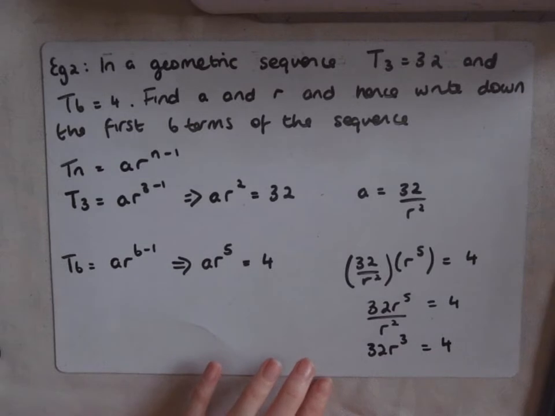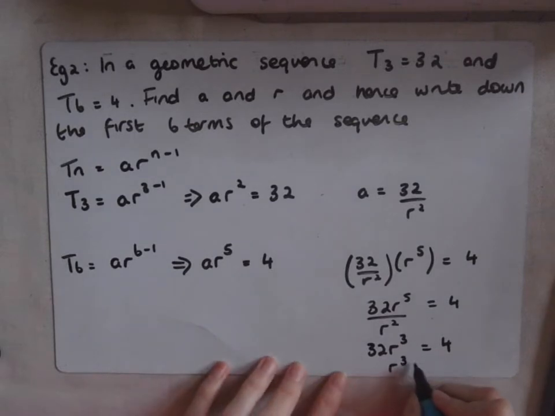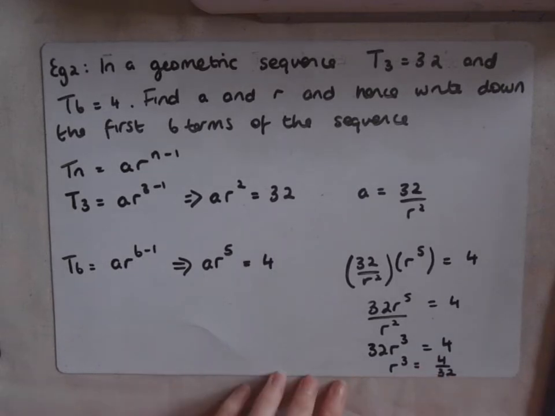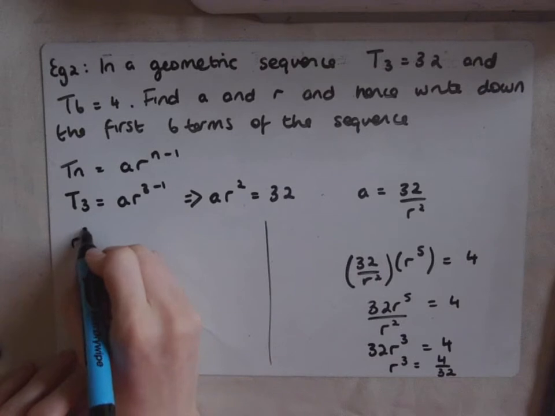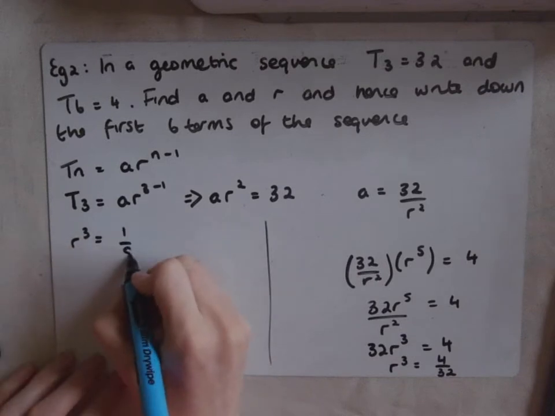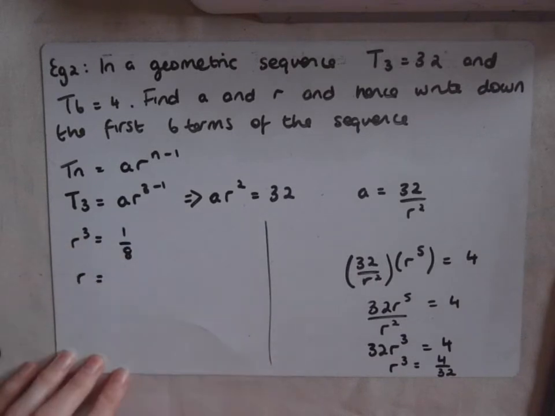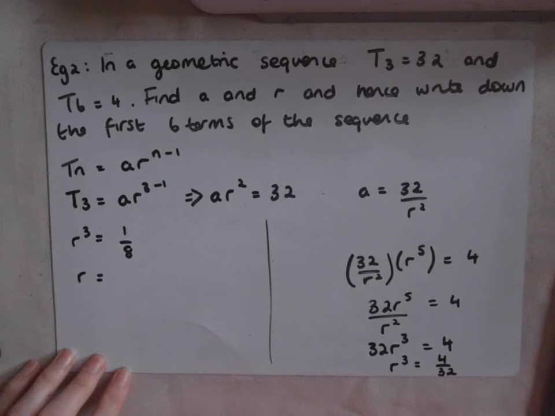We did that in algebra 3. Now to get the r cubed on its own, that 32 will come underneath: 4 over 32. So r cubed is 1 over 8. If r cubed is 1 over 8, how do I get r?